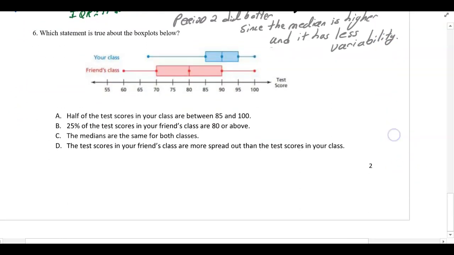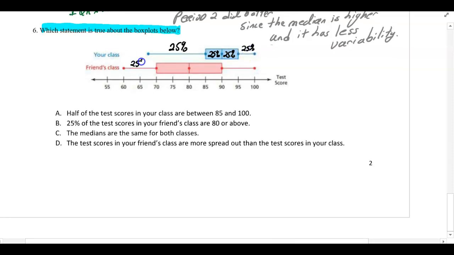And let's take a look at the last example, which is a multiple choice question. Which statement is true about the following? I might use process of elimination. So remember, each whisker and box is 25% of the data. So I'm just going to put that in my box and whisker plot here.